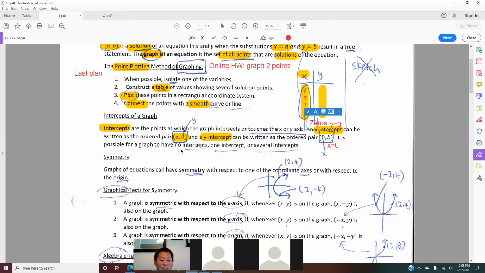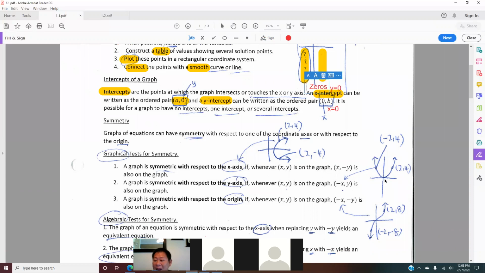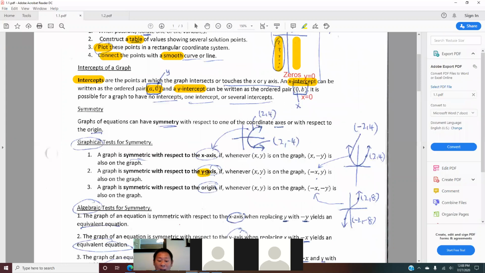The next thing we're talking about is symmetry. Sometimes the graph of an equation can have a symmetry. Symmetry means it's kind of like a reflection. For example, when you look at the parabola here, it is symmetric to the y-axis.